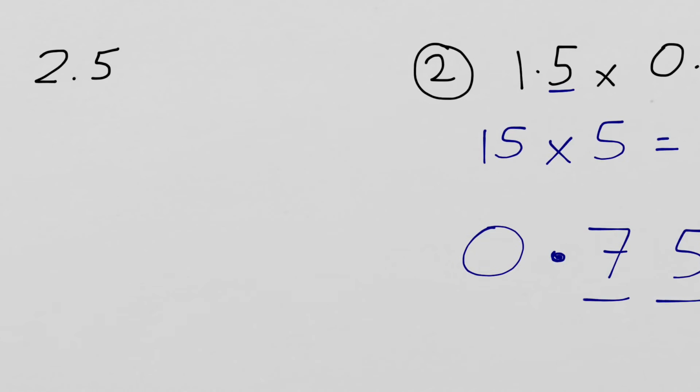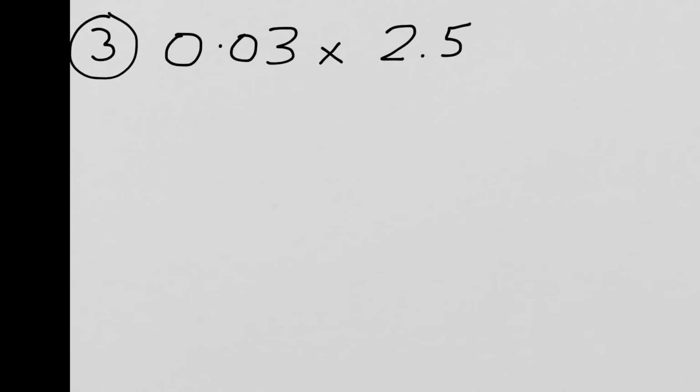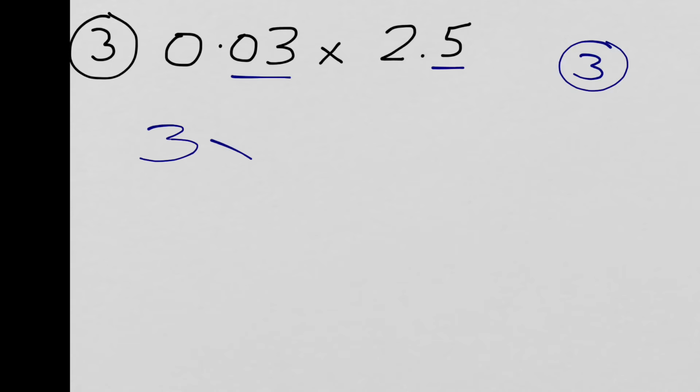Okay, so let's have a look at something even more challenging still. 0.03 times 2.5. So here we have 2 plus 1, so there's 3 numbers after the decimal point in the question. I'm going to ignore the decimal points and just work out 3 times 25, which equals 75.